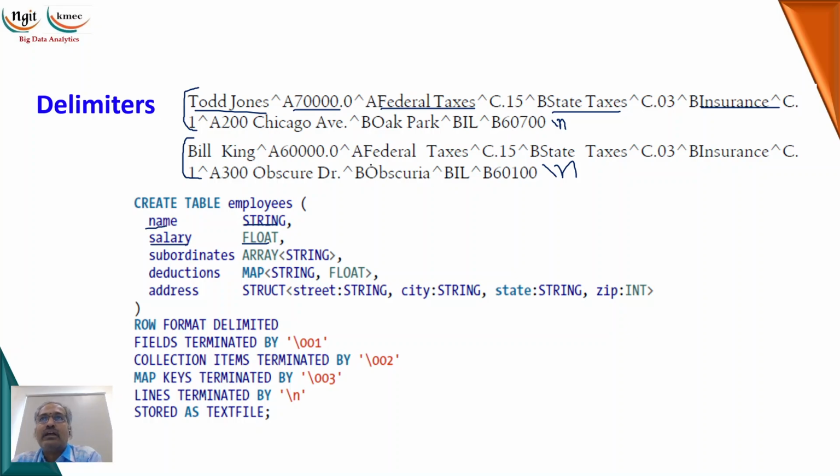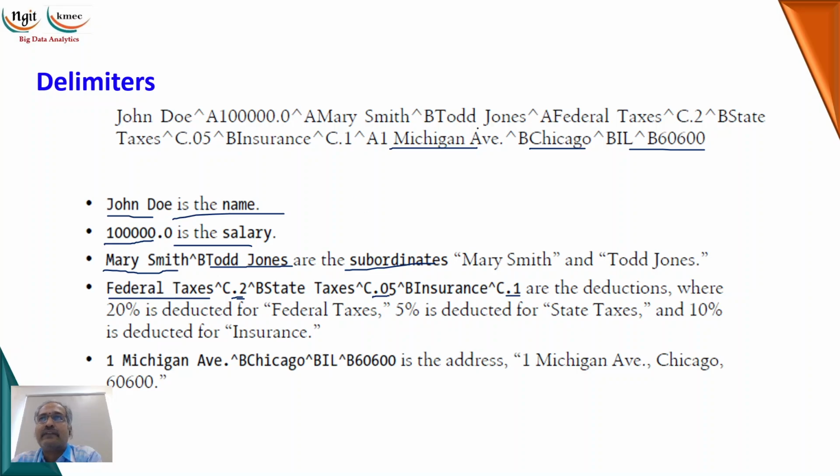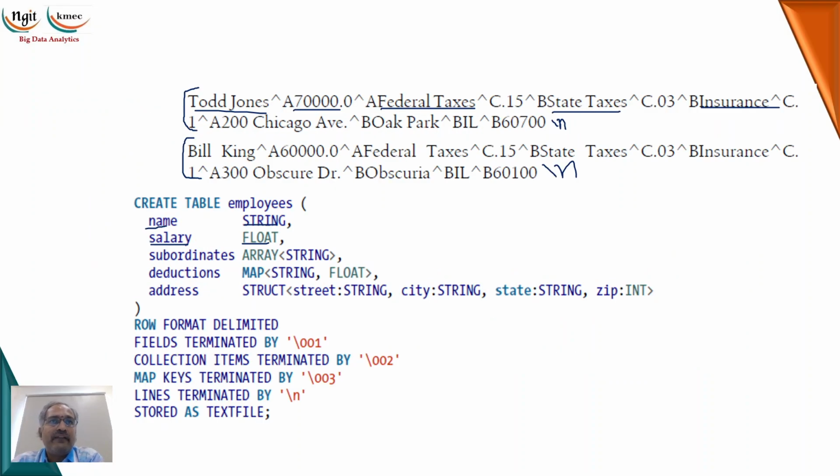And of course I think it is not related to this data set. Yeah, this is another data set for that. So subordinates, we will have the array of strings, and then deductions. Here are the deductions. The deductions will be the state tax and federal taxes and all this, and then address will be also given. Okay, so these are the various things.